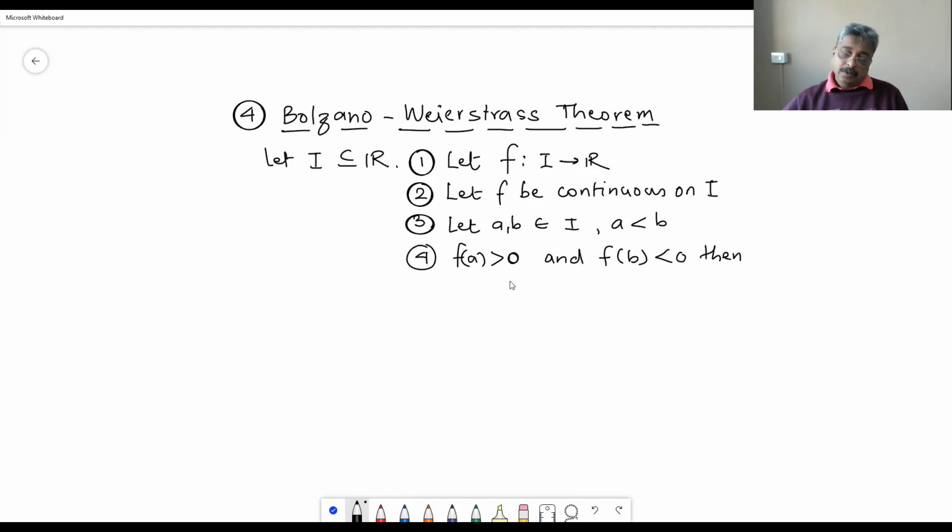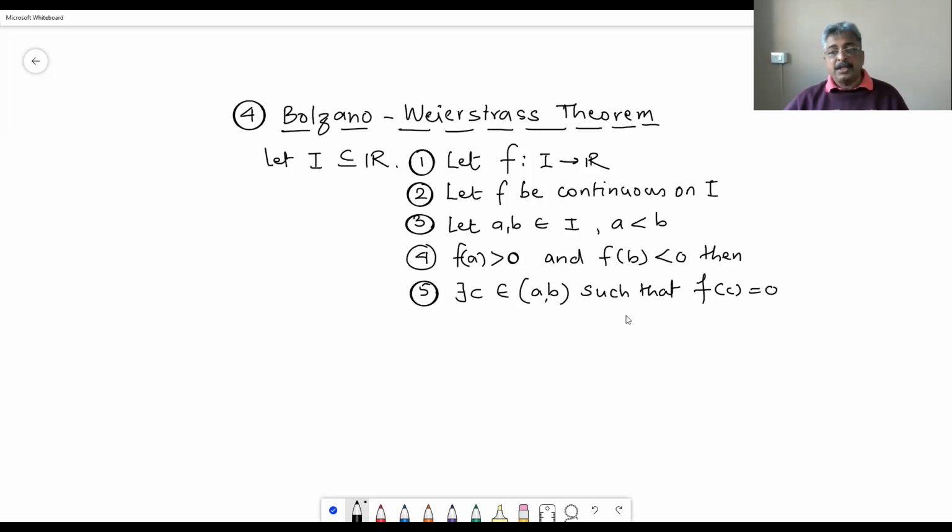Then five: there exists c belonging to open interval a comma b such that f of c is equal to 0.